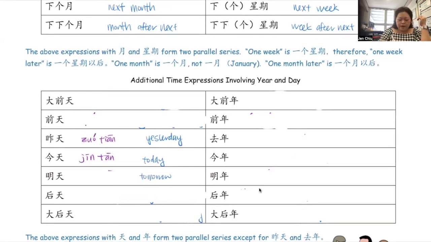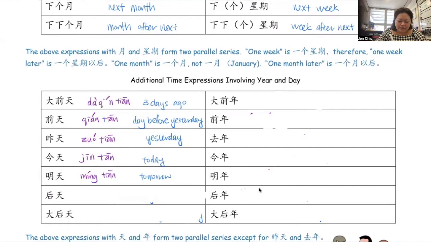The day before yesterday will be 前天. 前 means even further in front of that. If you want to go further, 大前天: 昨天 is yesterday, 前天 is one more, and 大前天 is one more after that, so it's 3 days from today.